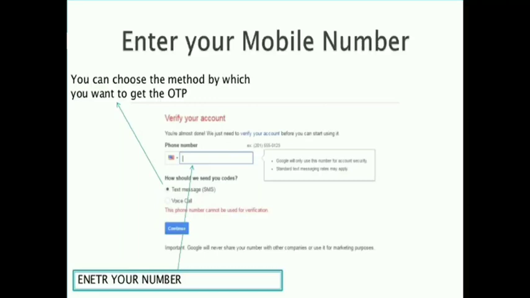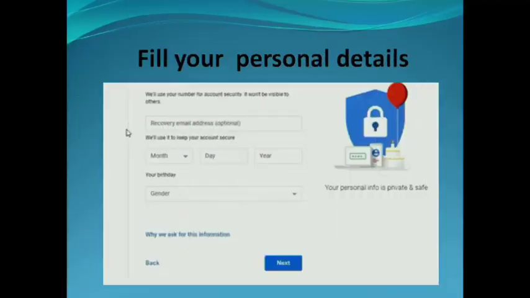OTP is the full form of one-time password. I think you know about it. Fill in your personal information like recovery mail, month, day, year of your birthday, and your gender. Then you have to click on the next button.